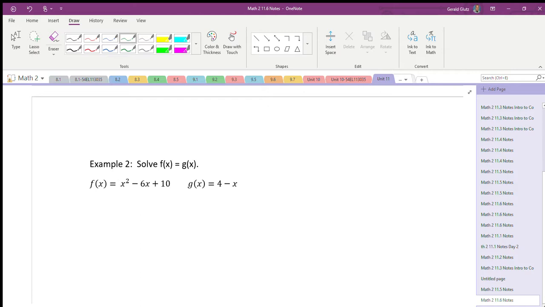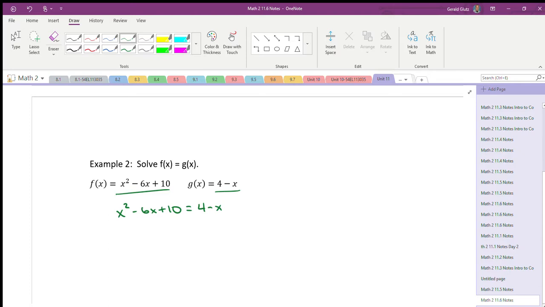So when you solve algebraically, you're going to be given the two equations, so a quadratic and a linear, and you're going to have to set them equal to each other. So x squared minus 6x plus 10 is going to be equal to 4 minus x. So now we just solve for x in whichever way we can.